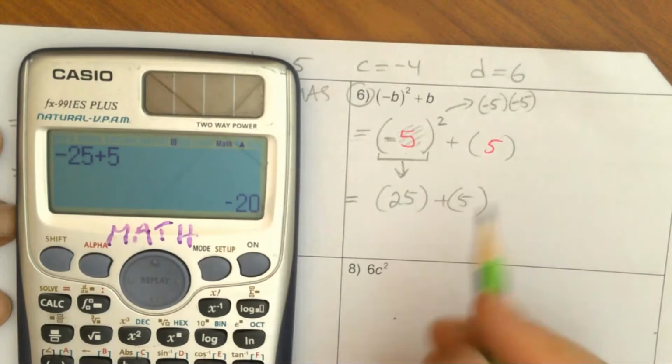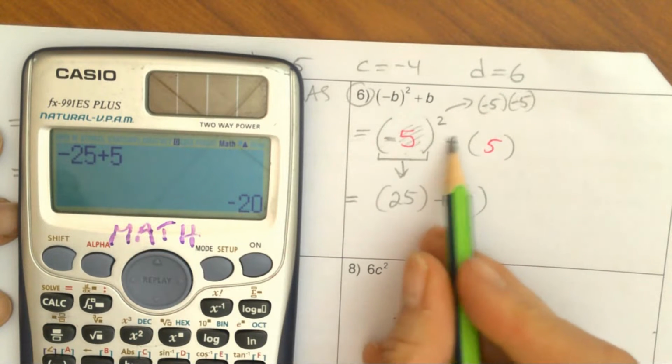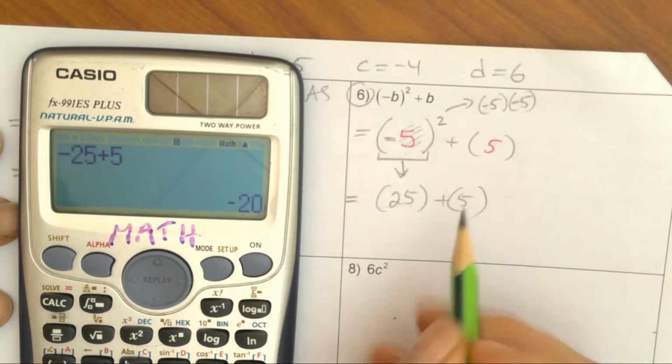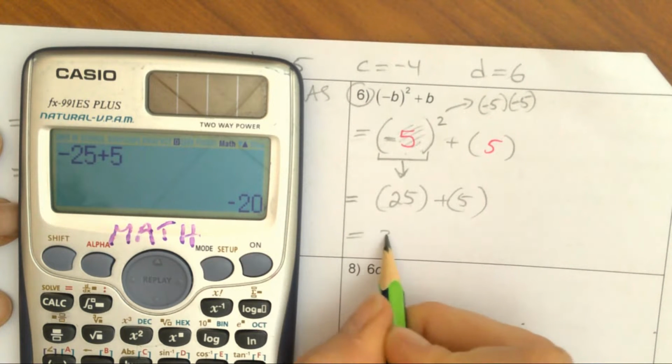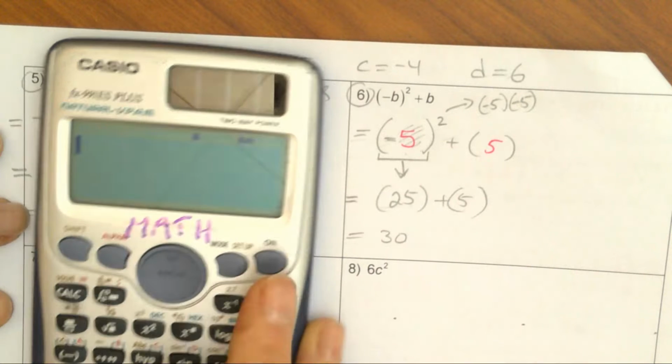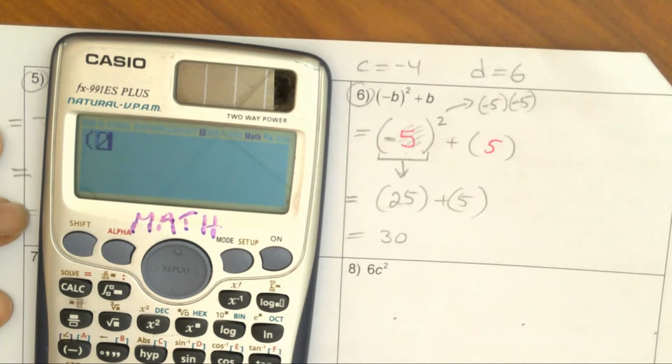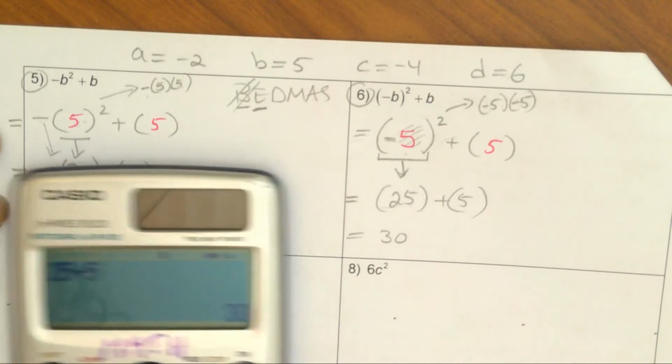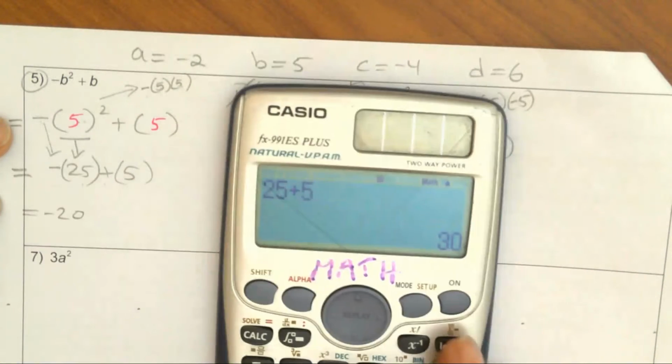This one says it's also plus. I have 25 and I get 5 more, so that's 30. Okay, so you can use your brackets to do it if you feel safer. Or you can go, oh, that's just 25 plus 5. It's the same thing. Let's put that whole thing in the calculator and check our answer.